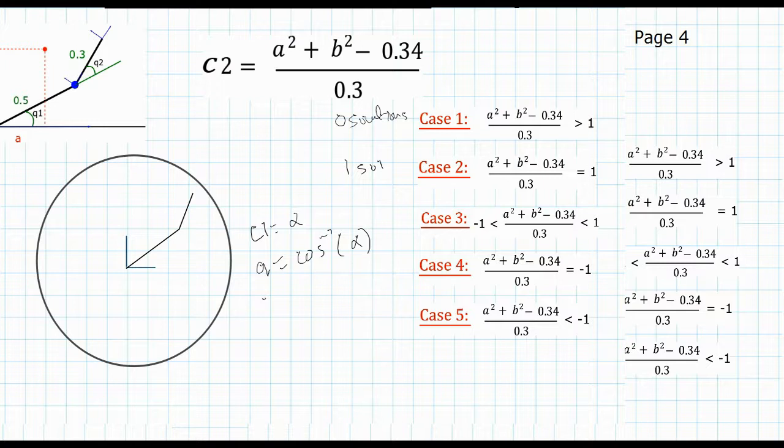The same thing is with sine. If someone tells you that S1 is equal to beta, then you would be tempted to say that q1 is equal to sine inverse of beta. But again, this is not the unique solution to this.